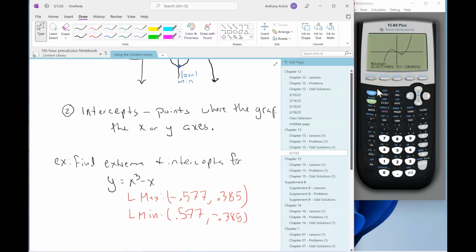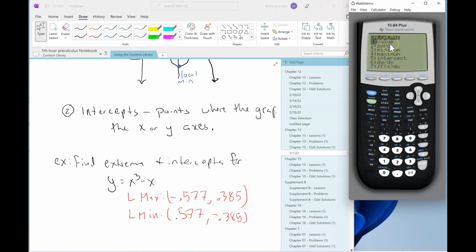Let's find the y-intercept next. To do that, I'll press second and trace. This time I'll choose the value command. The value command is asking me to give the calculator an x coordinate, and it'll find the y coordinate that goes along with it.